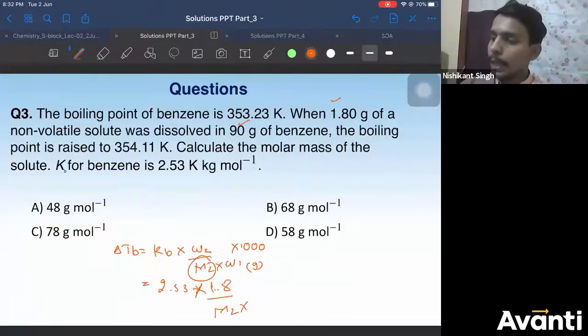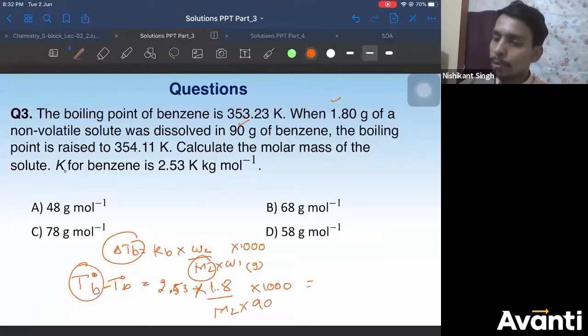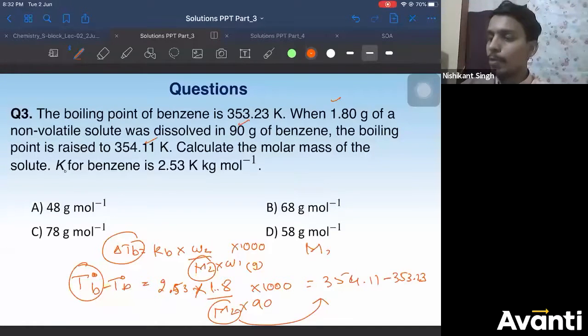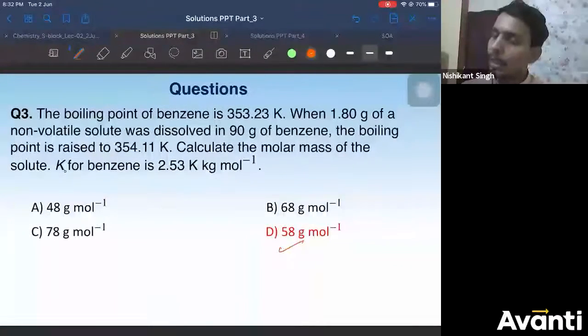The weight of the solvent is given to be 90 gram, into 1000. Delta TB is TB minus T naught B. The boiling point of the solution is 354.11 minus 353.23. From here you can find the value of M2. When you solve, the value of M2 comes out to be 58 gram per mole.